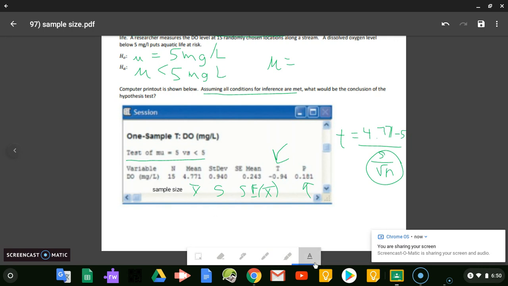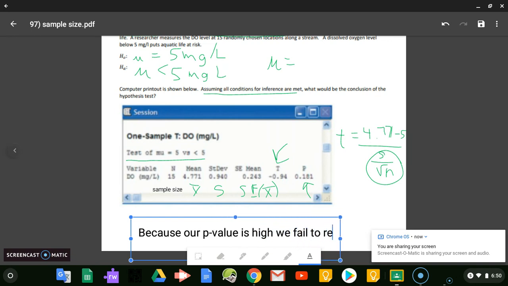So let's type that up. Because our p-value is high, we fail to reject the null. We do not have evidence, and remember, we don't have evidence to support our alternative because the p-value was so high.